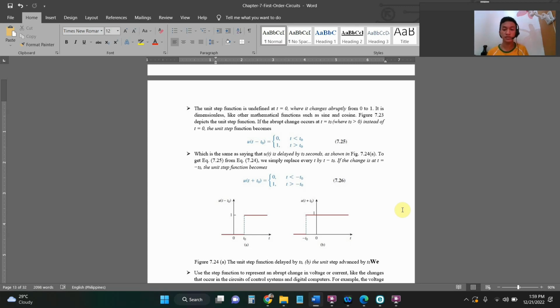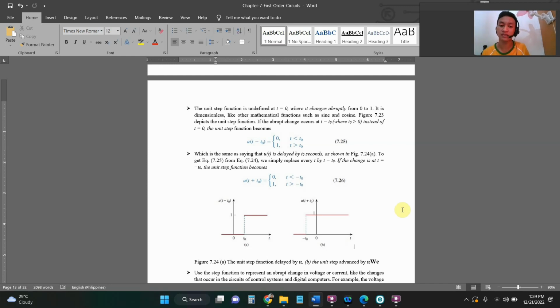As shown in figure 7.24, to get equation 7.25 from equation 7.24, we simply replace every t by t minus t sub o.